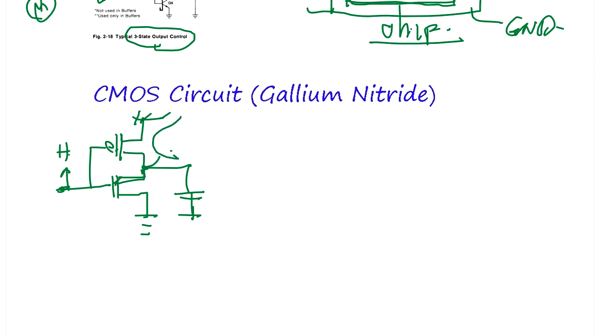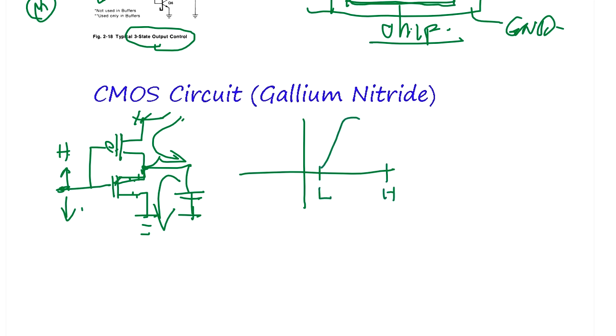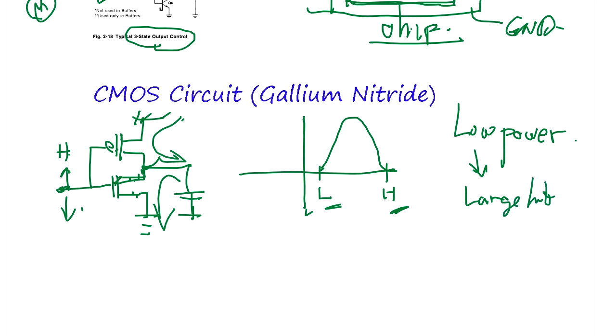So the current flows here, and when it goes low, this current is discharged because this is going to be on. So for CMOS, the current profile is a current flow during the high to low transition, and once it's low or high, there's no current, so it's very low power. That means it's good for large integration.